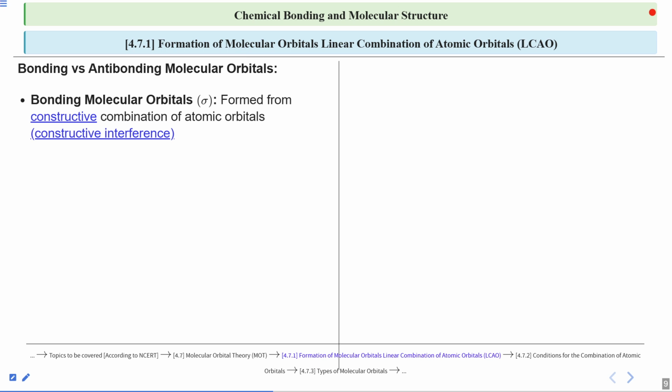If you are adding psi A and psi B, you will get a constructive combination. And what is the meaning of constructive combination? You must have studied this in the case of constructive interference. So you can relate this here in the same fashion. You are adding these two wave functions such that there is a bonding condition occurring here.